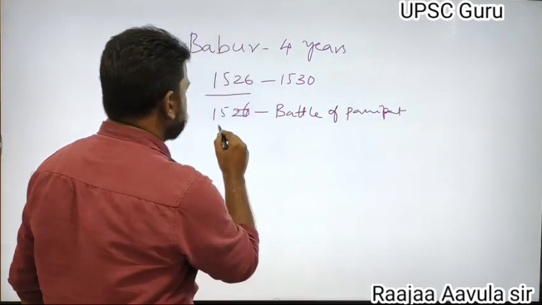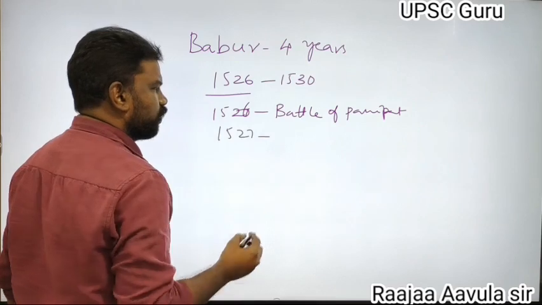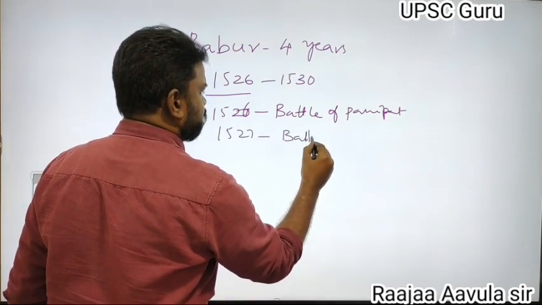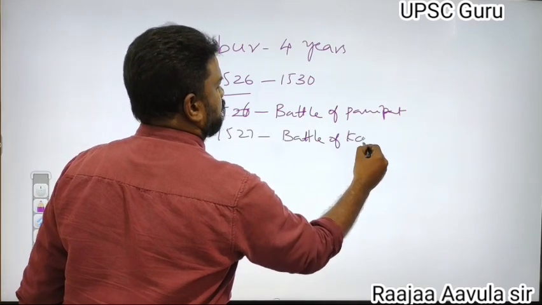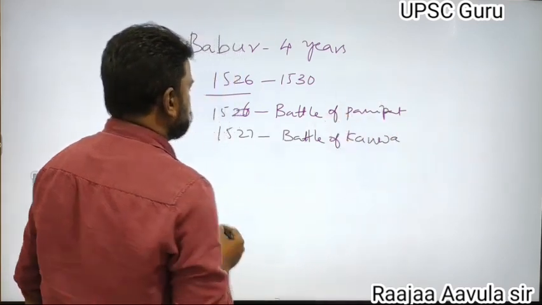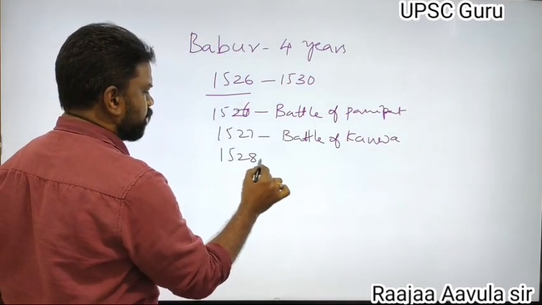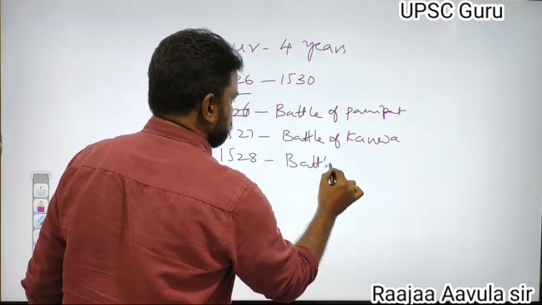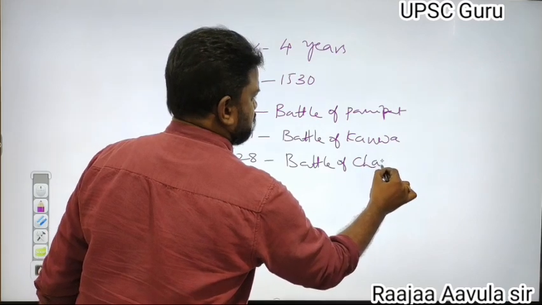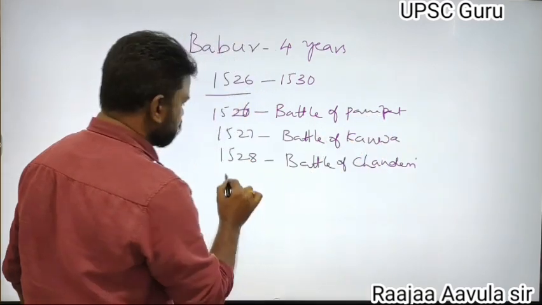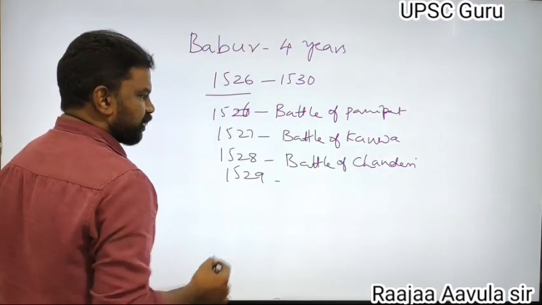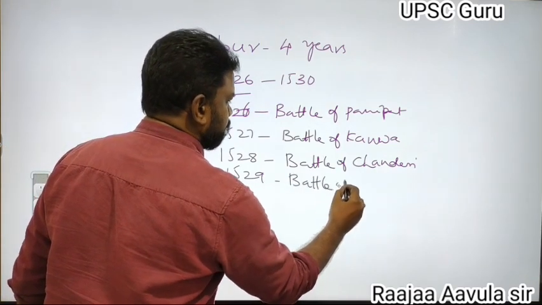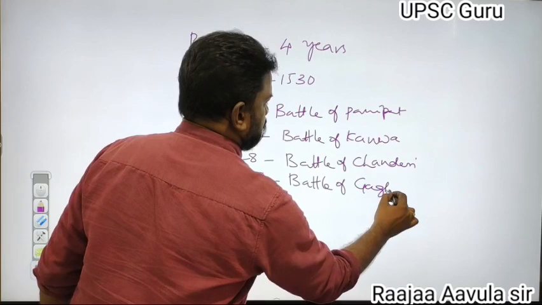Next year, 1527, Babur also fought with Rana Sangha, that is the Battle of Kanwa. After that, in 1528, Babur waged war with Medini Rai, that was the Battle of Chanderi. Then in 1529, another battle was fought, the Battle of Gagra, with Muhammad Lodi.